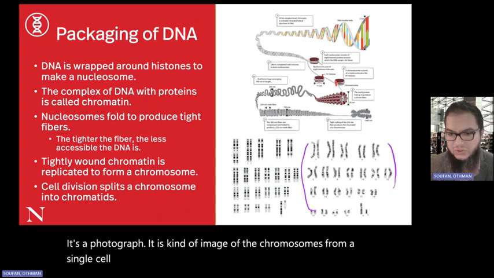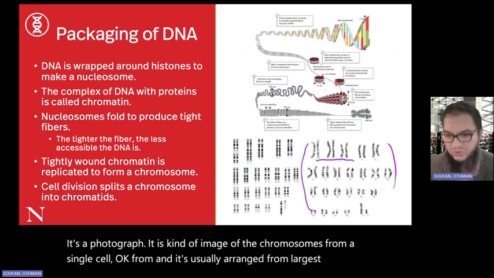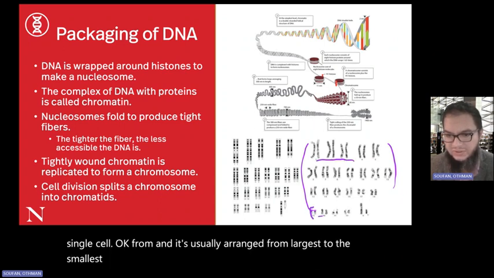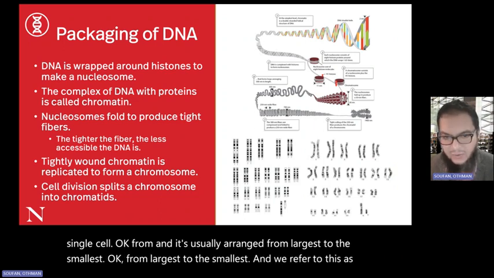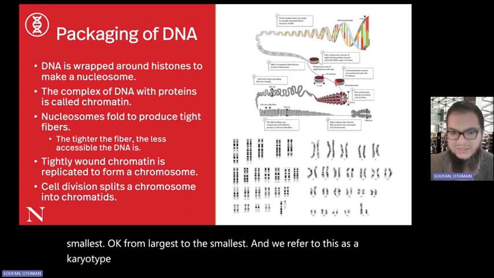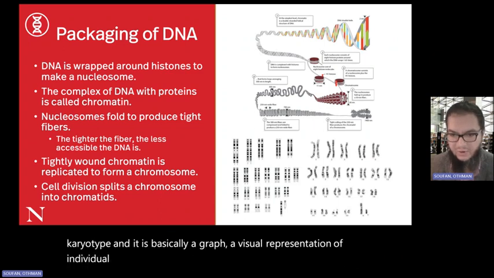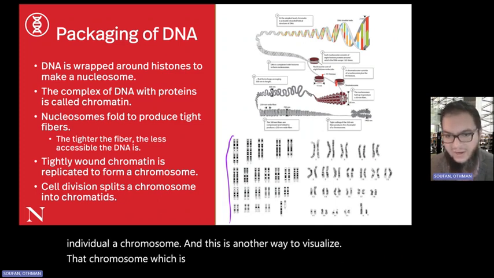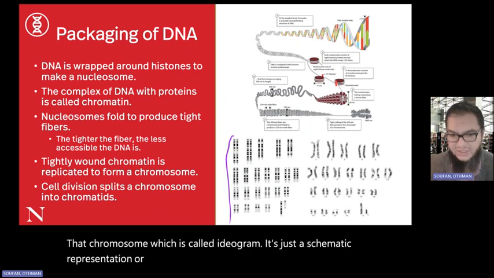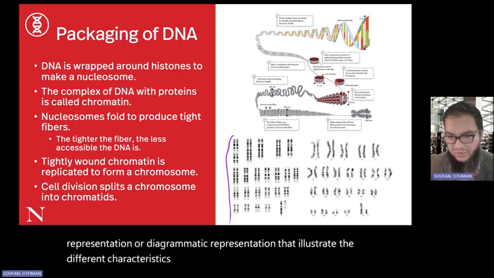It's usually arranged from largest to smallest, and we refer to this as a karyotype, which is basically a visual representation of individual chromosomes. And this is another way to visualize a chromosome, called an ideogram. It's just a schematic or diagrammatic representation that illustrates the different characteristics and features of chromosomes.